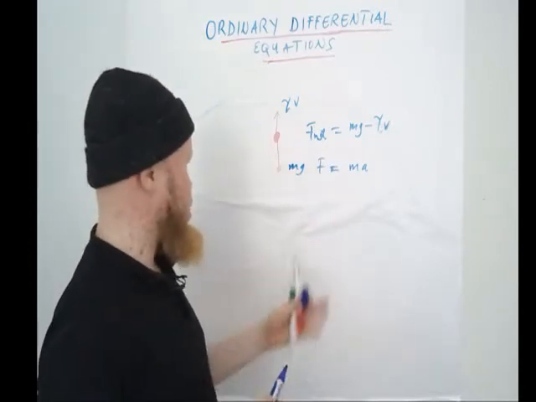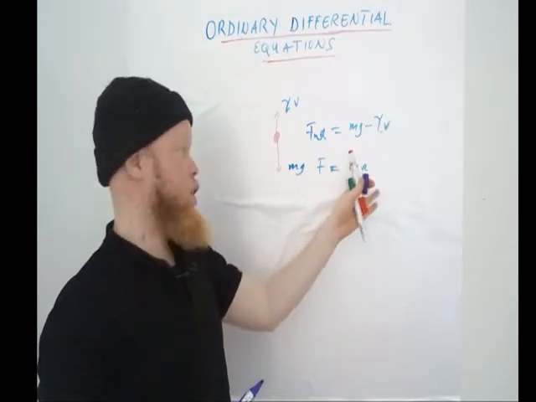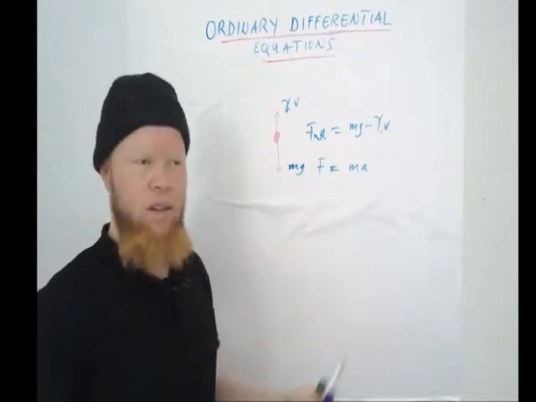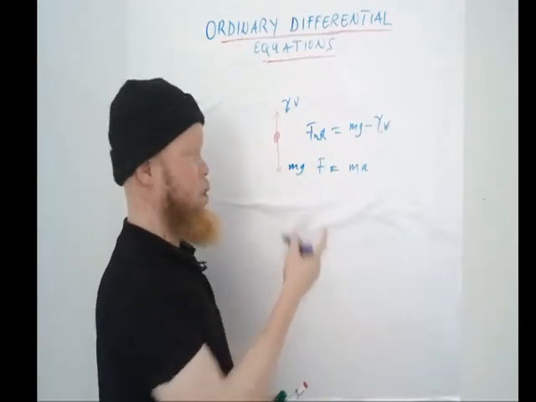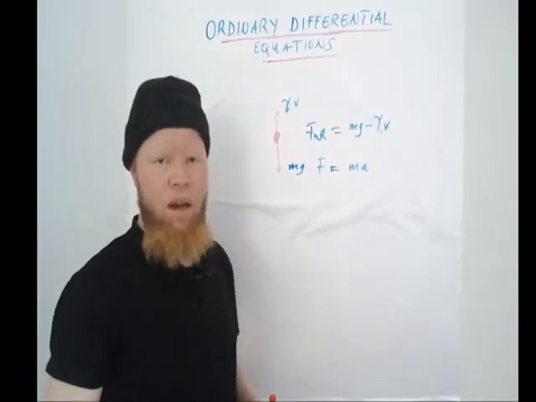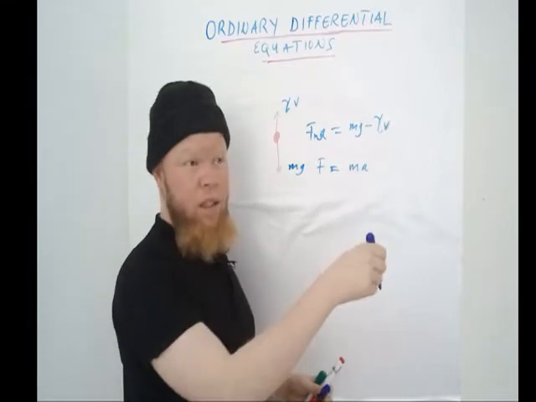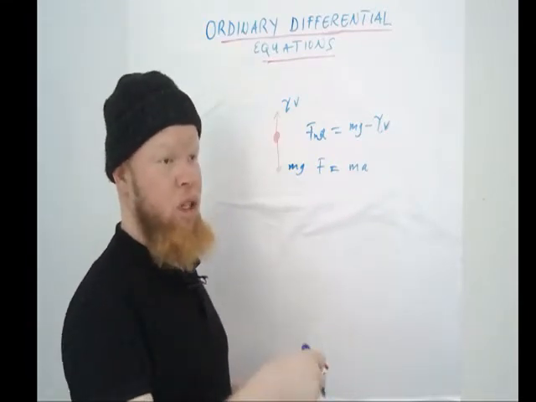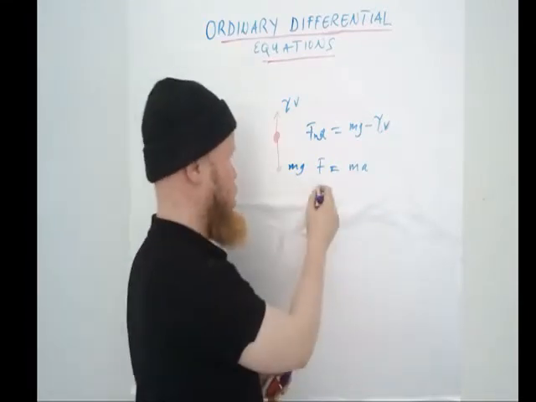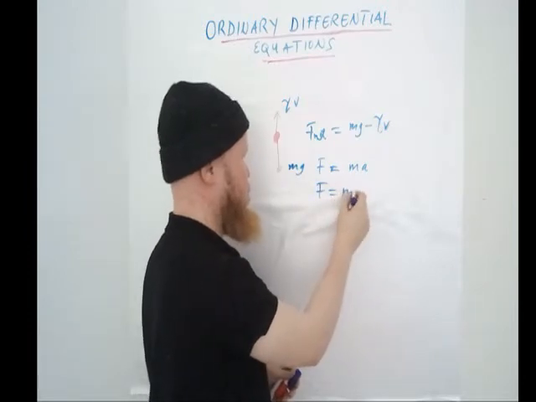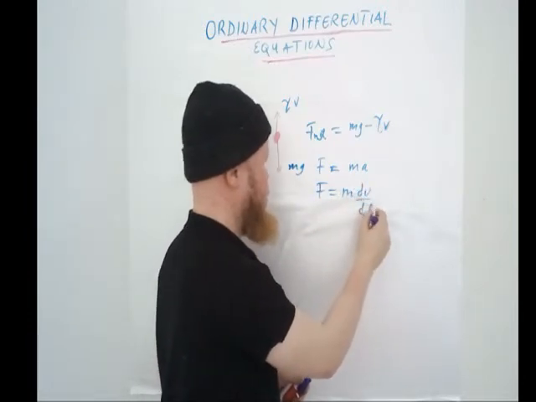Give it a try and see whether you can convert this equation to have some derivative inside. So you know a is equal to dv/dt. You are differentiating velocity with respect to time, so you can express this as m dv/dt.